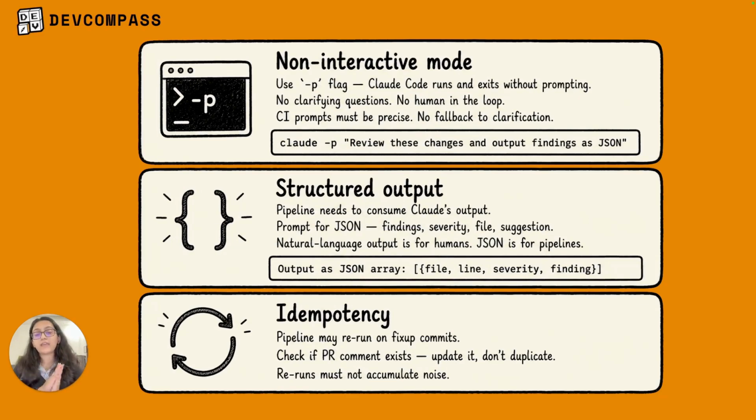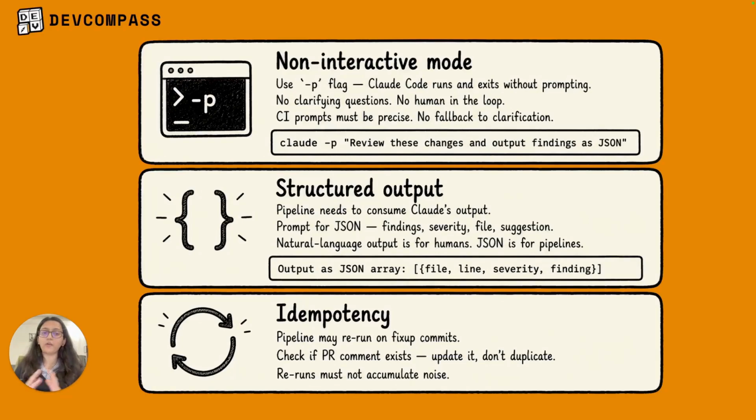If the task is ambiguous, it uses its best judgment. That's why CI task prompts must be more precise than interactive ones, because there's no fallback to clarification. The code line on this card, claude -p review these changes and output findings as JSON. The -p flag, then the task prompt, that's the invocation pattern for CI.